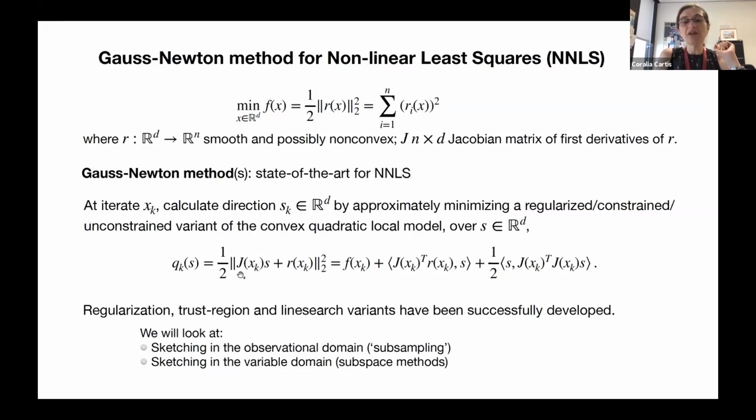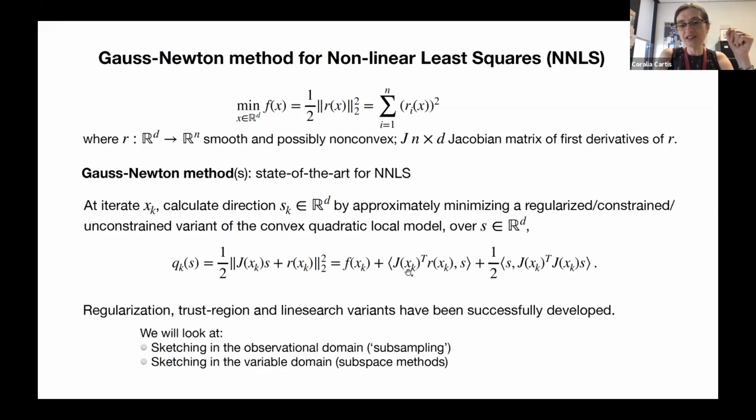Okay, so if we expand this linear least squares problem, we get a quadratic local model that's convex, and that has here this J transpose J term. That's a subpart of the Hessian of f, of the second derivative matrix of f, but it's not the full Hessian, so it's an approximate Hessian.